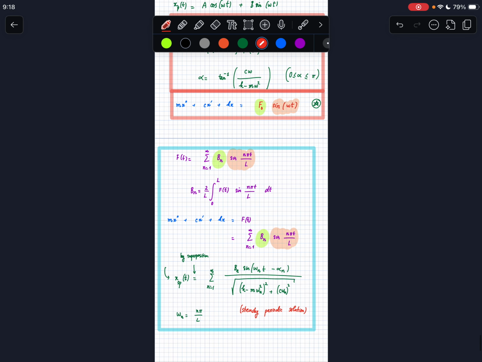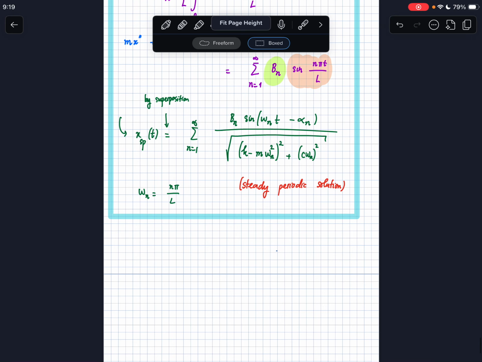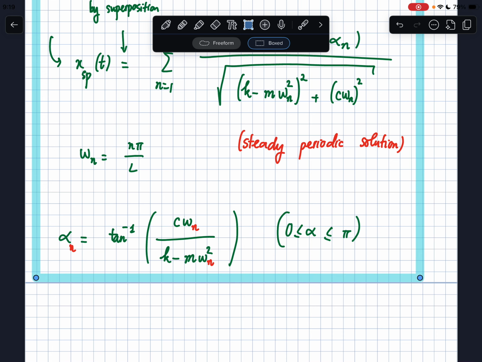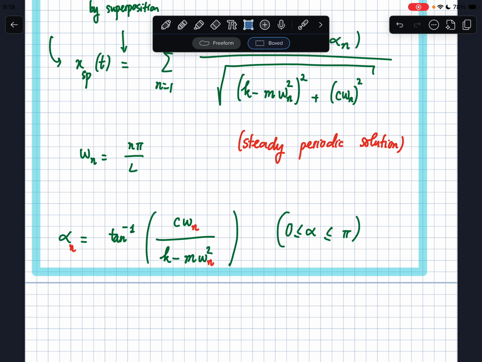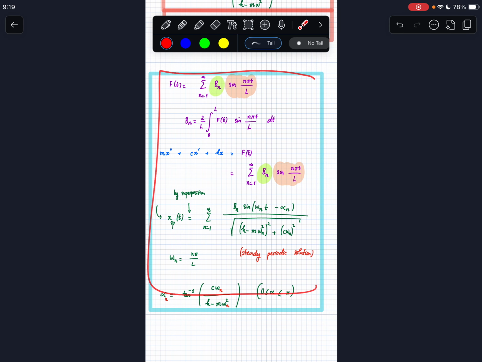The angle α_n is determined by this formula, in terms of ω_n. So this is the formula when we use Fourier series methods to find the steady periodic solution of this ODE.